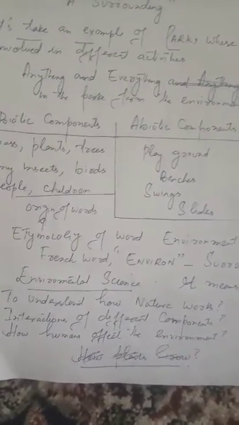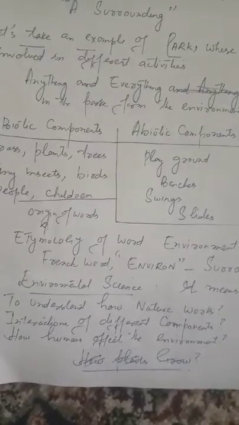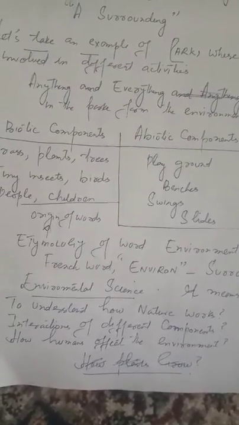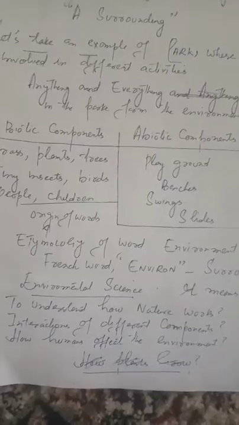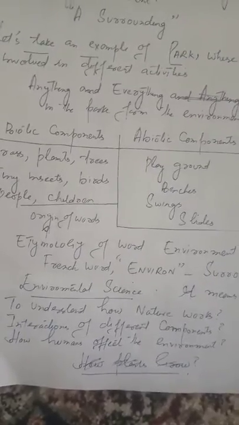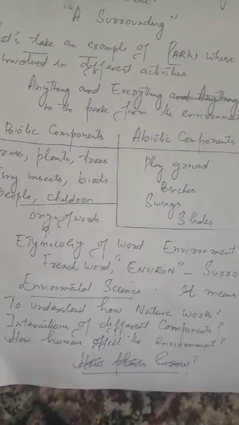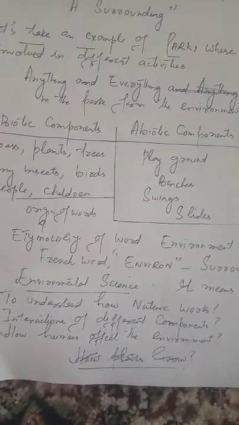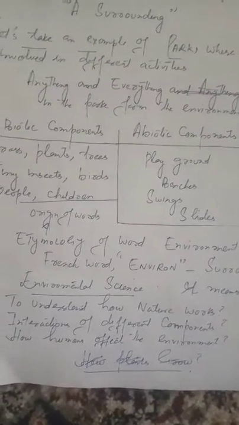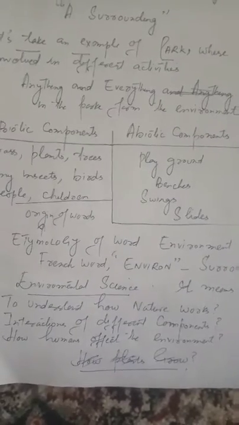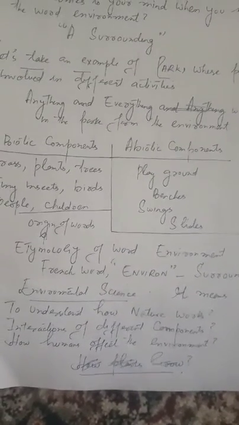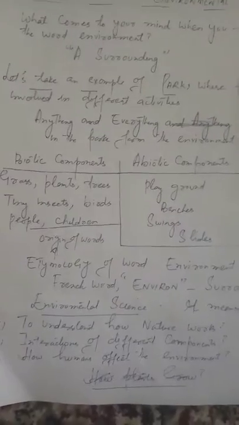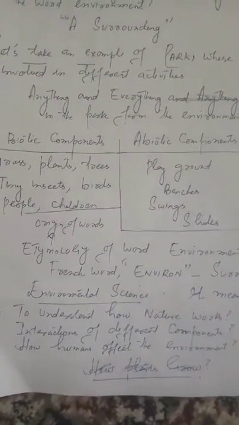To understand the interaction of different natural things, maybe biotic or abiotic, we can take the example of plants. The growth of plants is a simple process. We will better understand this by taking the example of photosynthesis.